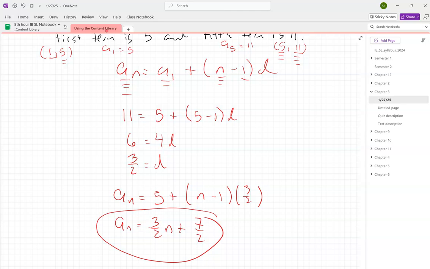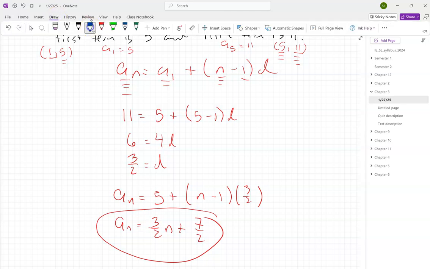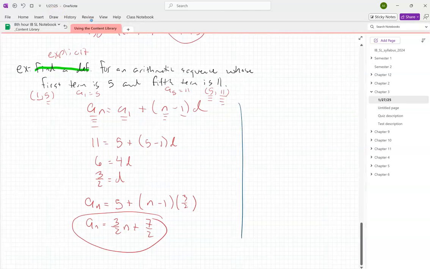Everybody's okay there? Or alternatively, you could have just thought about this as a slope-intercept problem. So if d is m, I can just do rise over run.